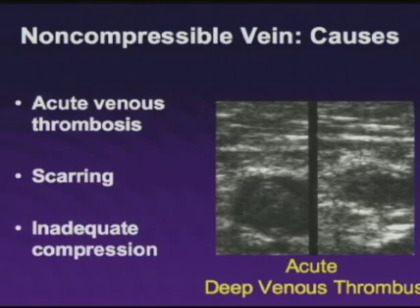Now, veins that have residual material within them or do not compress completely also have a differential diagnosis. First, let's go to the pictures. On the left, we can see that there is a vein with an echogenic heterogeneous material within it.